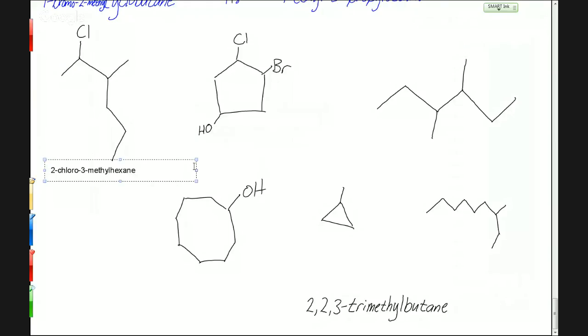Right, because the longest chain here is 1, 2, 3, 4, 5, 6. So even though it looks like the chain should go across the middle, we have to go with the longest continuous chain, which actually goes down.